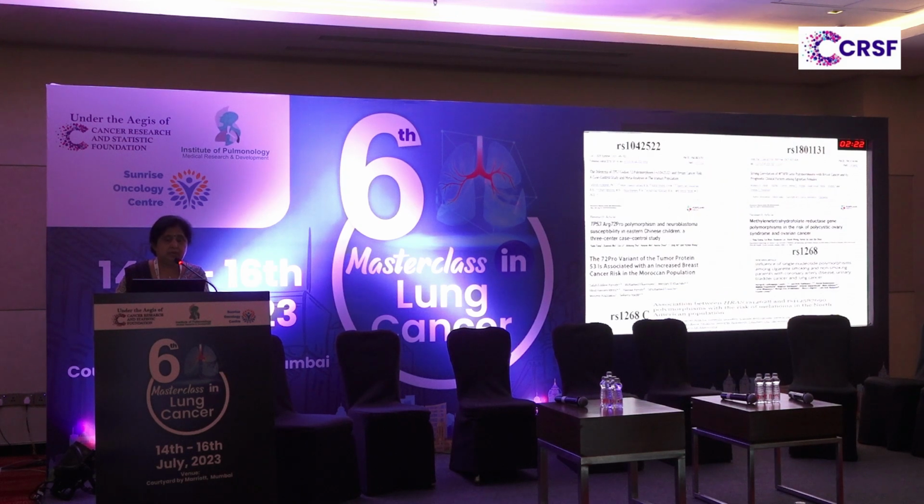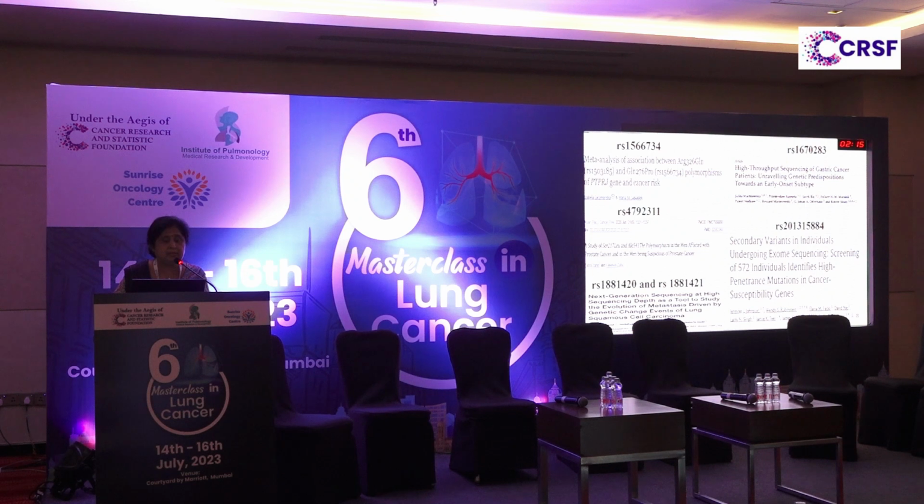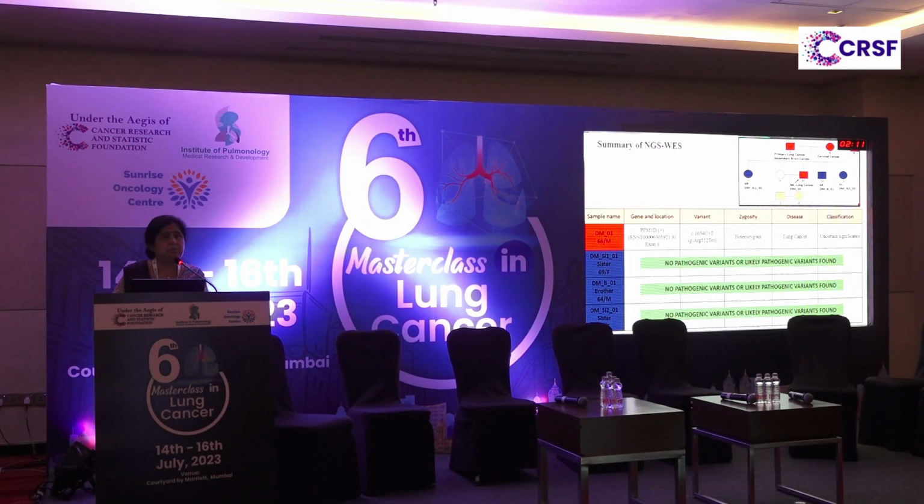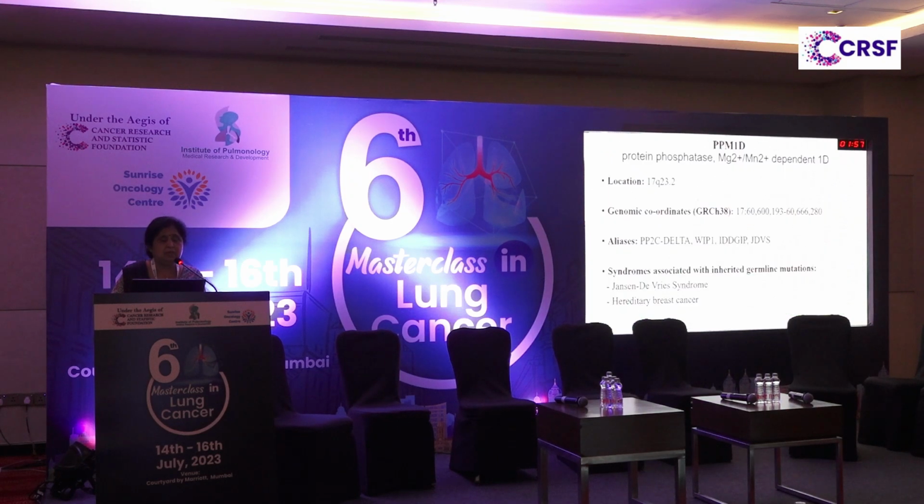We found each and every variant is reported in one cancer or another in different ethnic groups, but PPM1D was present only in the affected person, the patient, and not in others. This was the type of mutation which replaces arginine with a terminal codon.